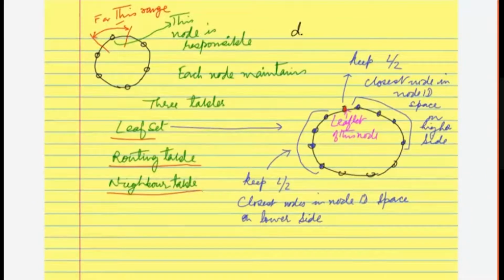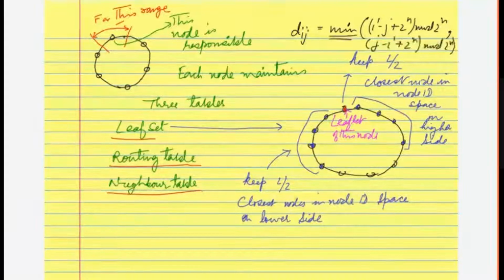Technically your D(i, j) will be given by the minimum of i minus j, or j minus i plus 2 raised to the power n, mod 2^n. This is the distance metric now. The node which is closest to the hash ID will be the root node in this sense. This distance represents this: I am going either this way or the other way around.